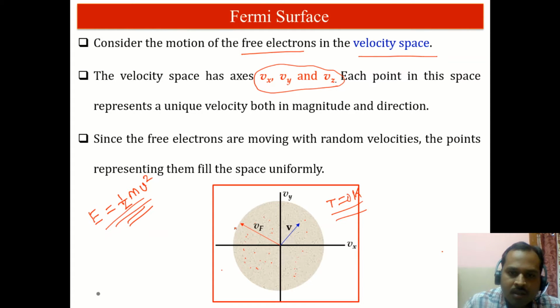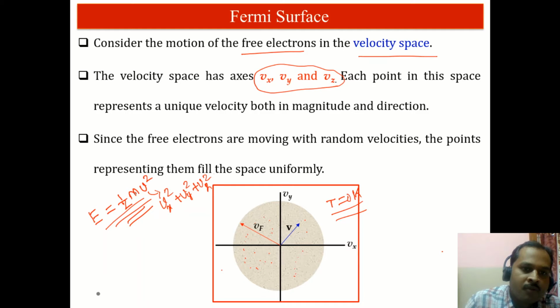Now let us look at this equation a little more carefully, and analyze why we are getting a spherical shape here. This v squared can be written in terms of the Vx, Vy and Vz components as Vx squared plus Vy squared plus Vz squared. For an electron, if this energy is constant, and the mass of the electron is a constant, then the sum of Vx squared, Vy squared and Vz squared will be a constant.